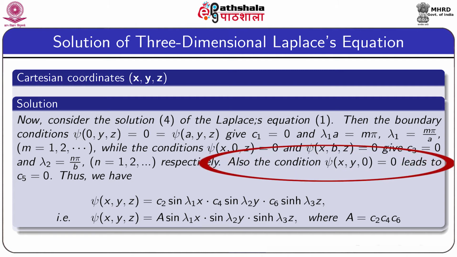The condition psi at z equals 0 leads to C5 equals 0.